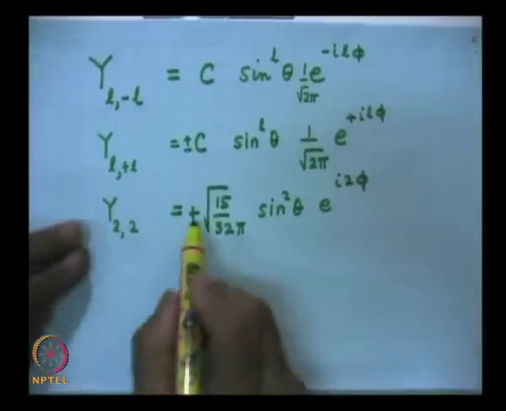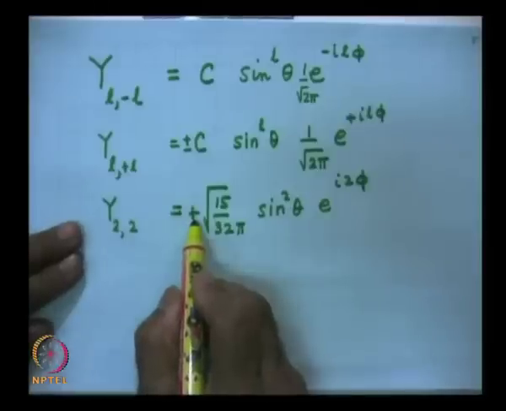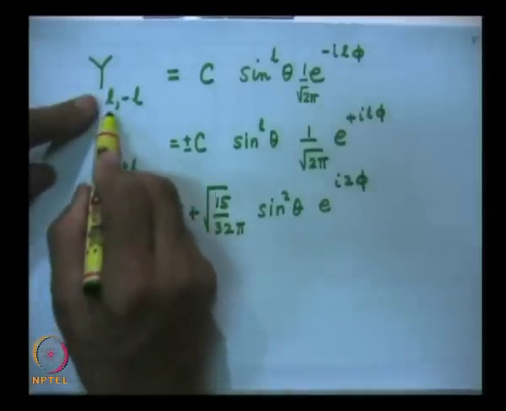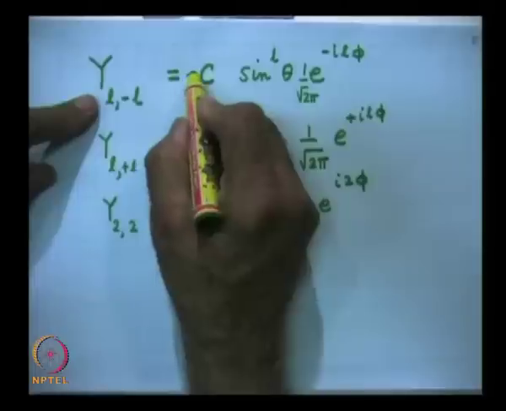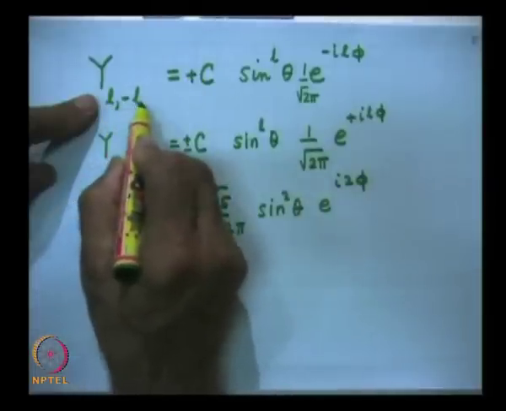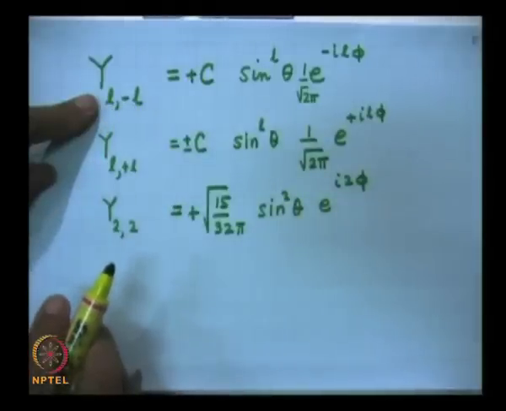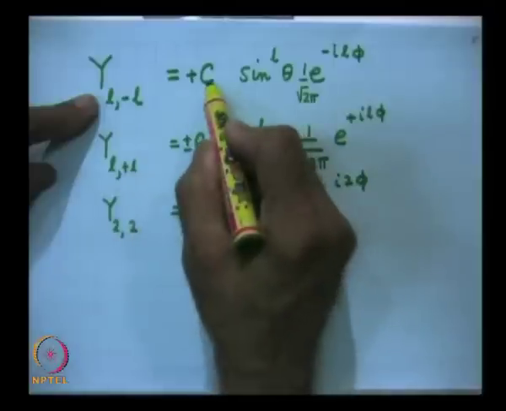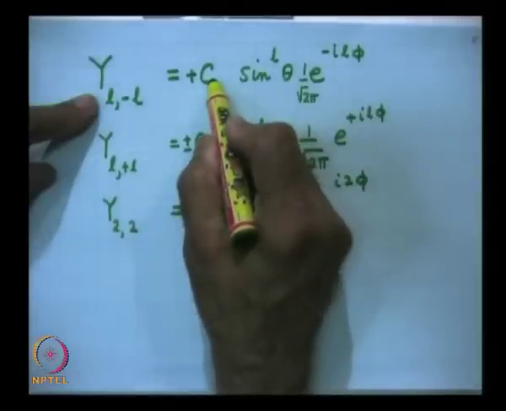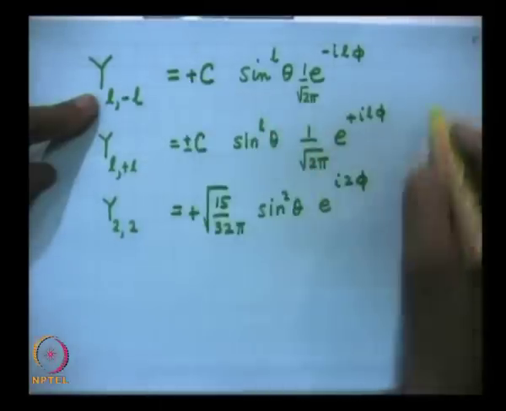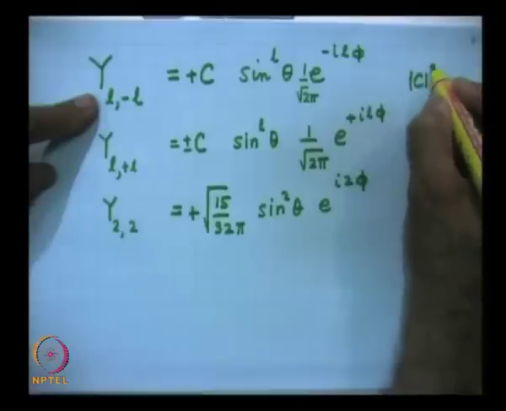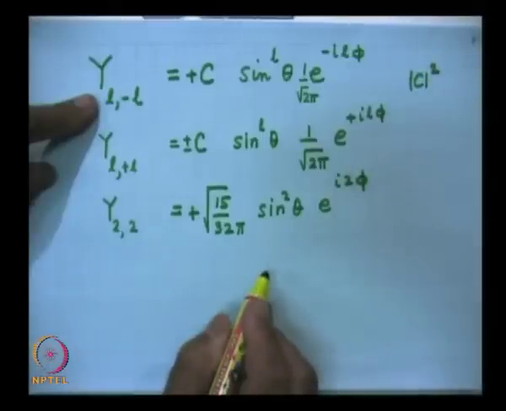So, why do I say that there has to be a plus sign here? Because we always choose a plus sign for Y L comma minus L, because when you calculate the normalization constant, you calculate mod C square. So, it is always arbitrary within a phase factor.